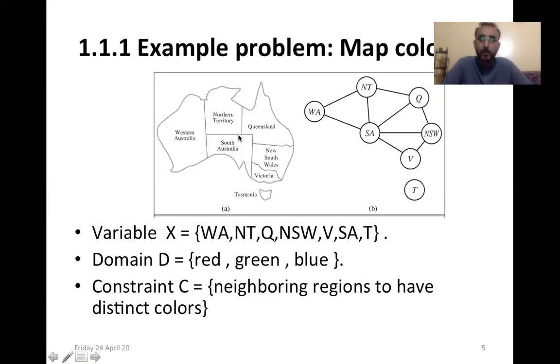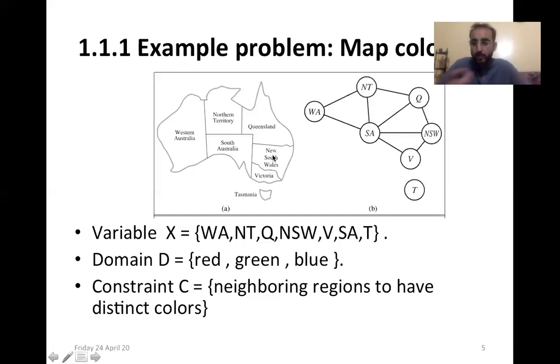Maybe we can assign blue here and green here. And then, for example, these are also neighbors, these are also neighbors. So we have to consider all these constraints, and by considering them, we have to color this map.